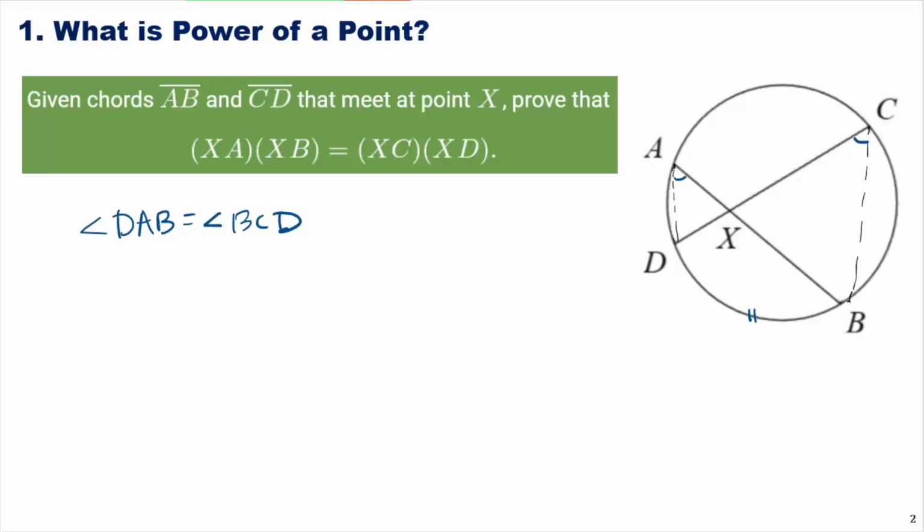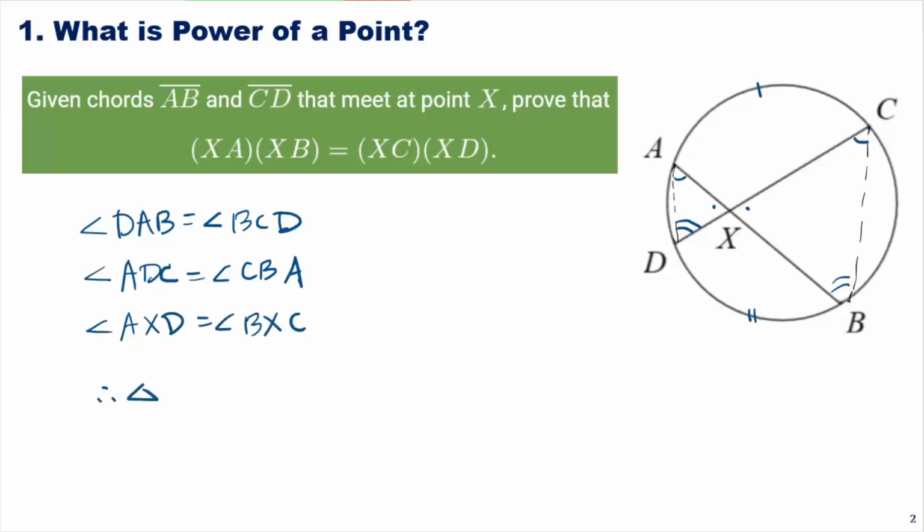And similarly, this angle here, angle ADC, is inscribed in this arc. Angle CBD is also inscribed in that arc, so we have angle ADC equals angle CBA. Of course, these 2 angles are vertical angles, so angle AXD equals angle BXC, right?